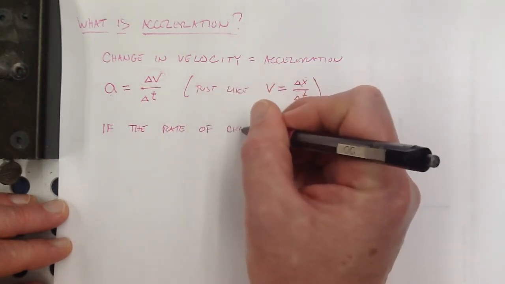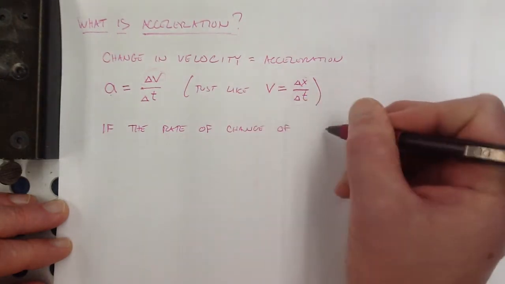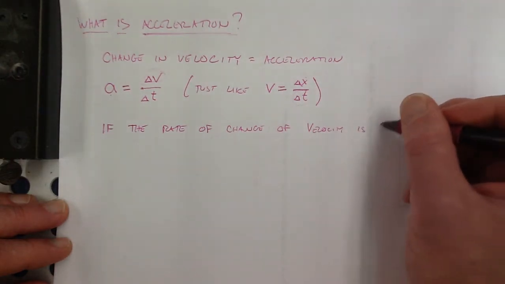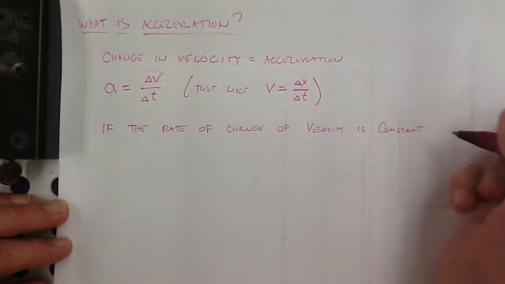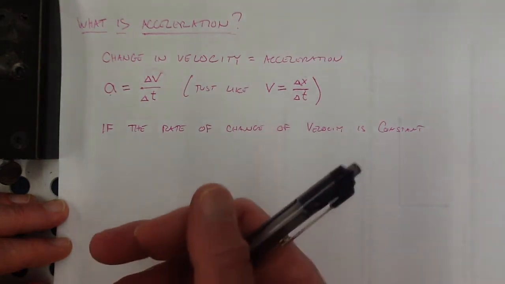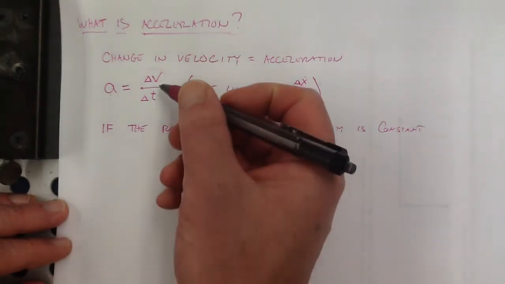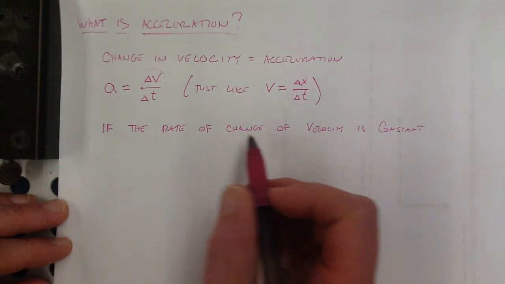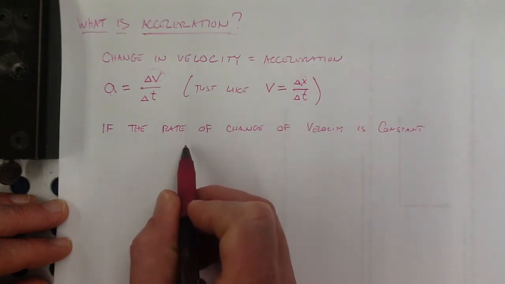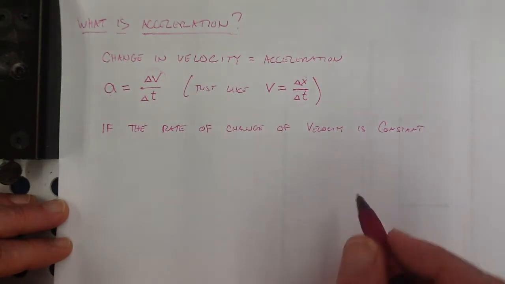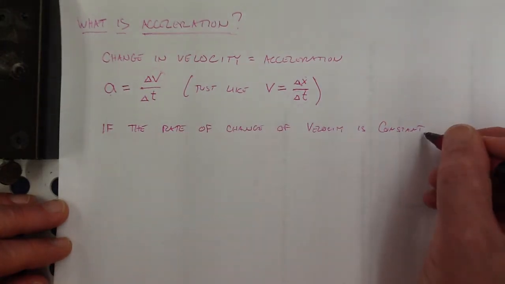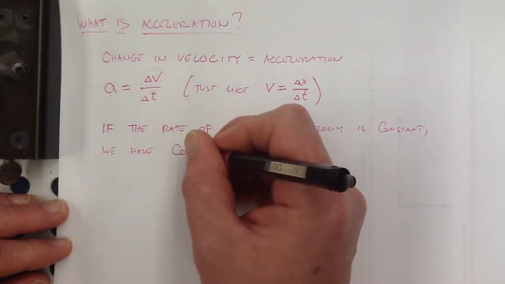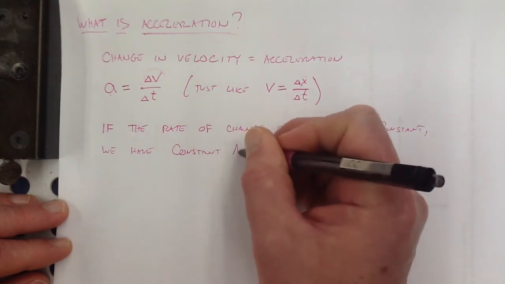If the rate of change of velocity is constant, in other words, if every second that goes by you add 1 mile per hour, another second, 1 more mile per hour, if the rate of change is constant, if the same intervals of time go by and the same increases in velocity happen, then we have constant acceleration.